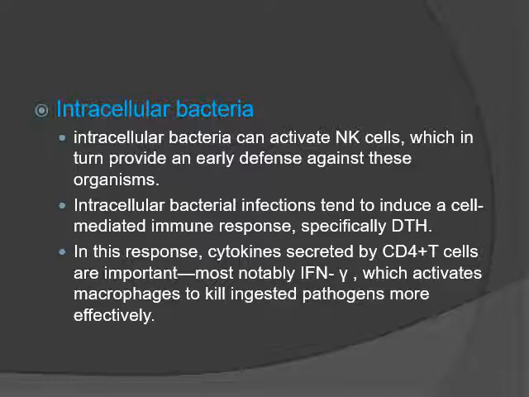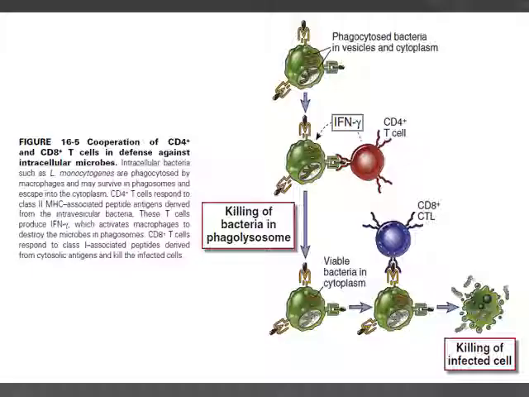The most notable example of this هو منو؟ Mycobacterium family of the intracellular pathogen. اللي نشوف ب strong T helper 1 response have a very good protective effect against these pathogens and the clearance of these intracellular bacteria. In this figure we can see the cooperation of CD4 and CD8 T cell in defense against intracellular microbes.